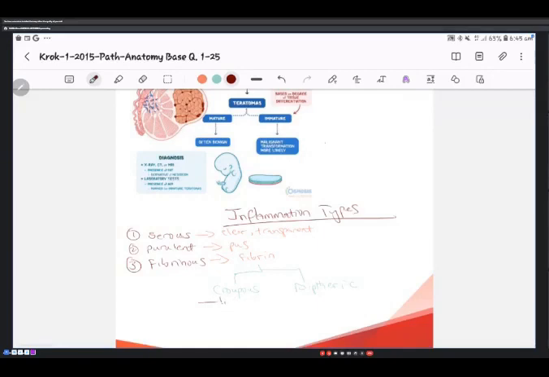It is loosely adhered, and since it is loose, it is easy to remove. And then for the diphtheric, it is tightly adhered, and it is then difficult to remove.